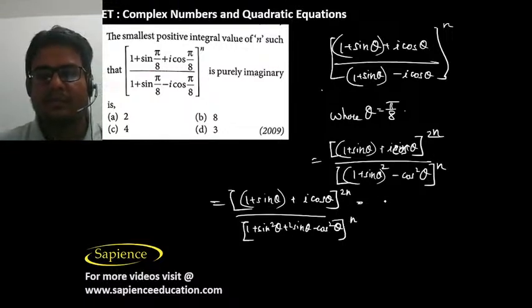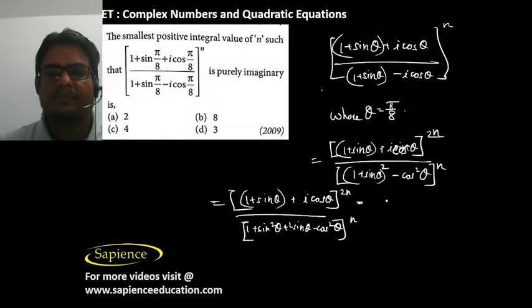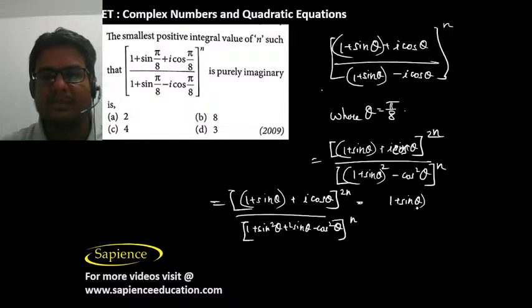So this will be (1 plus sine theta plus i cos theta) whole power 2n divided by this, where 1 minus cos square theta is sine square theta.